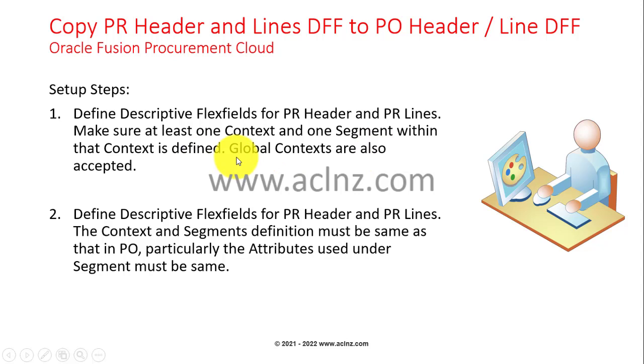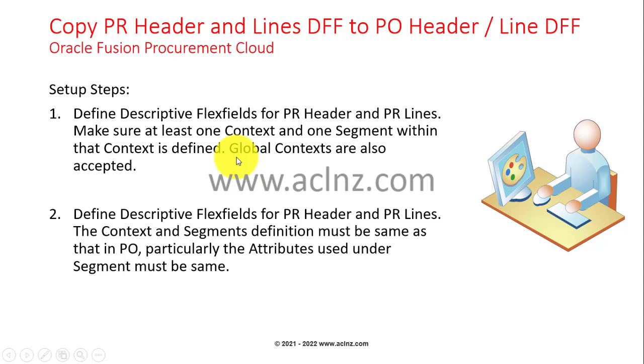You can as well define a global context, but you must have at least one segment defined, because ultimately the values under the descriptive flex field go and sit into the segment, and that is the reason you have to have at least one segment defined there associated with one global context. So this you have to do at both purchase requisition header and purchase requisition line.